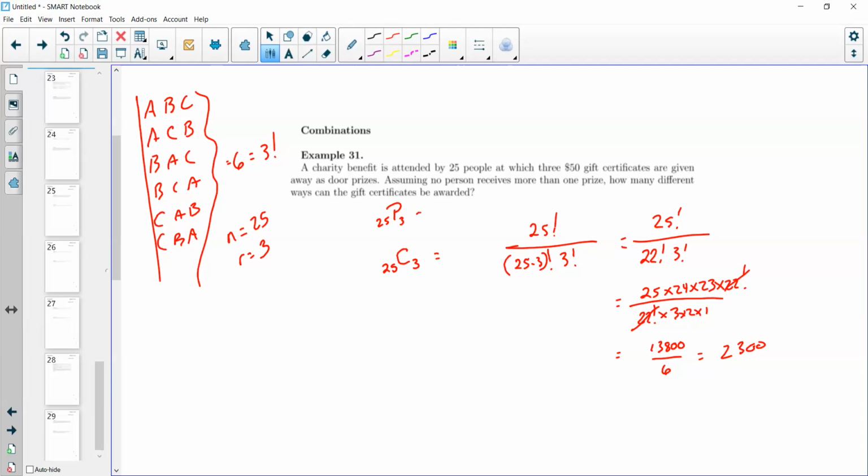So this is permutation, where order matters, and this is combinations, where order does not matter.